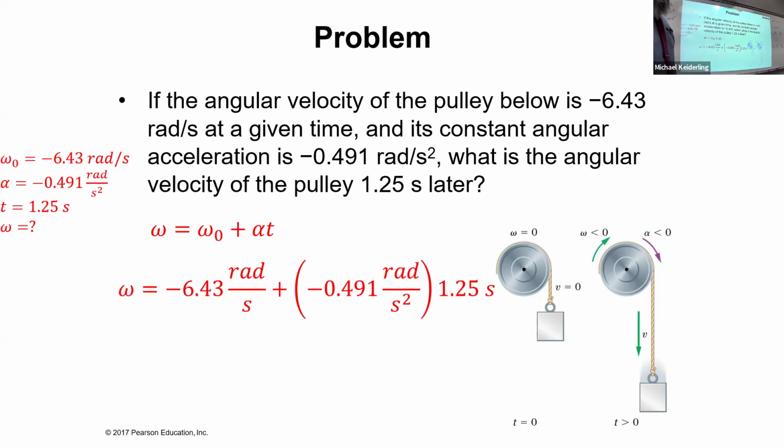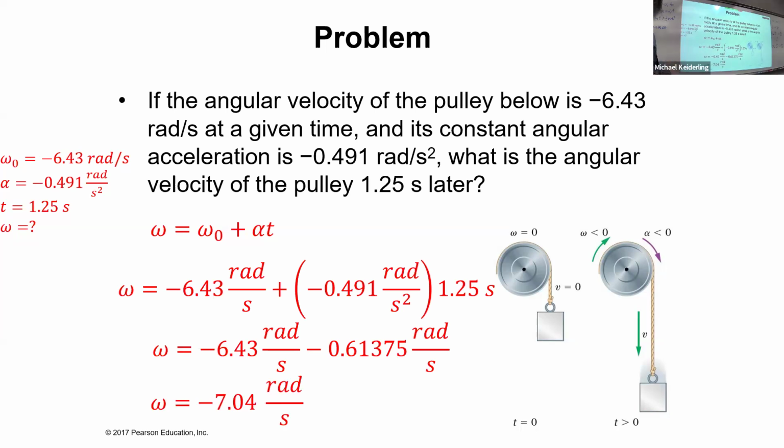So omega is equal to minus 6.43 radians per second plus minus 0.491 radians per second squared times 1.25 seconds. So minus 6.43 radians per second, minus 0.61375 radians per second, or minus 7.04 radians per second.